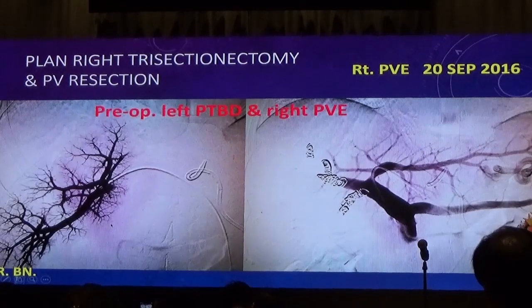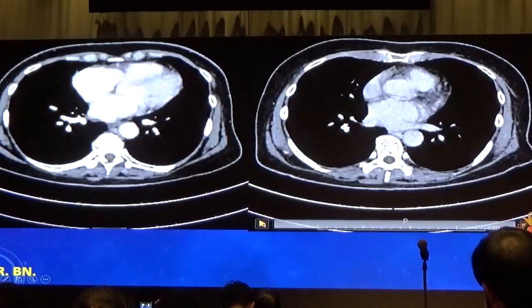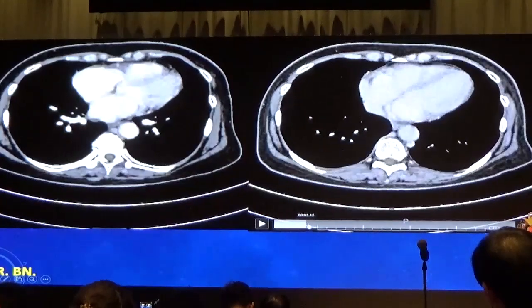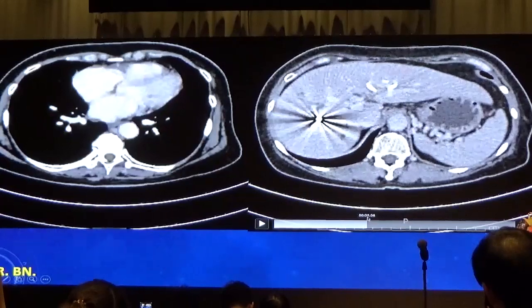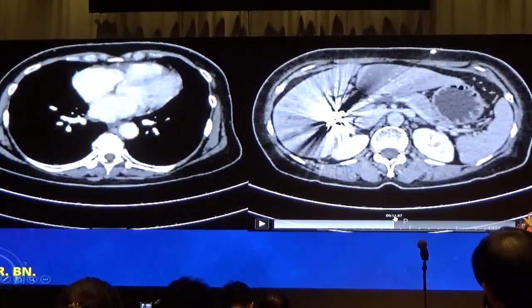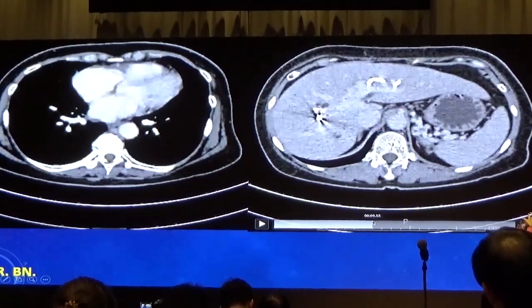Next, let me see the CT scan after portal vein embolization. The picture is not clear. Just one minute.